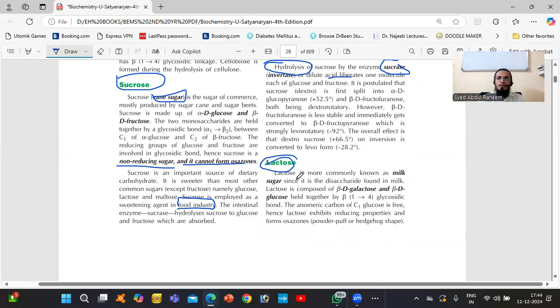Okay, next we have, after that, lactose. What is lactose? This is known as milk sugar, since it is a disaccharide found in milk. Okay, so if you taste the milk without sugar, without boiling, you can easily notice it. After boiling, it is processed and everything is vaporized.